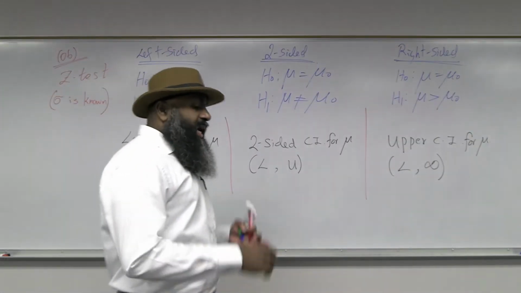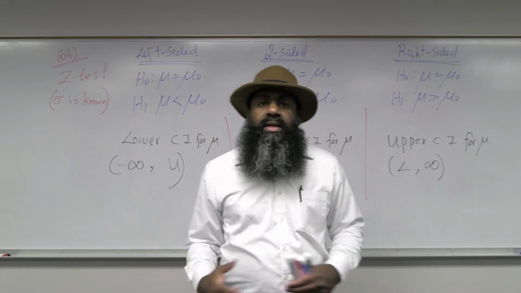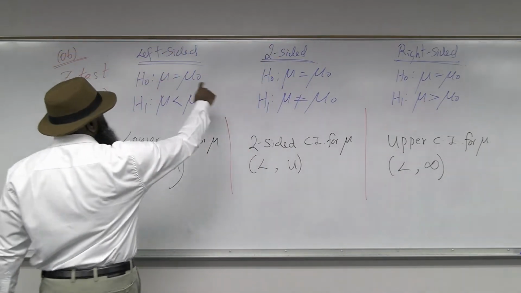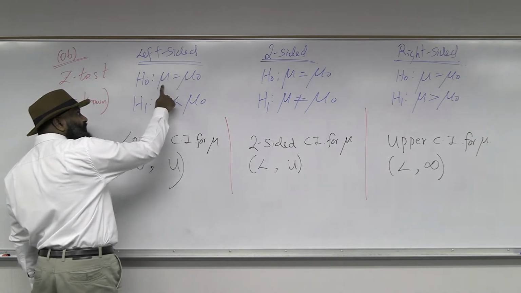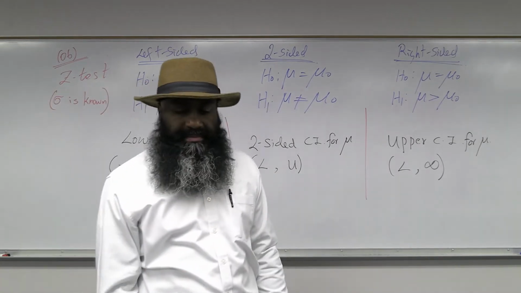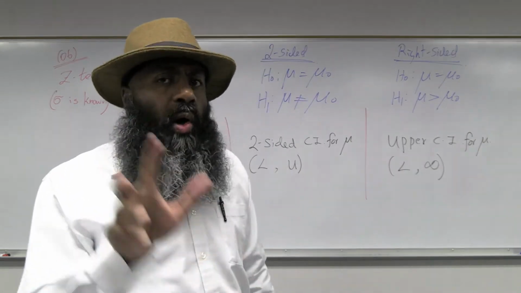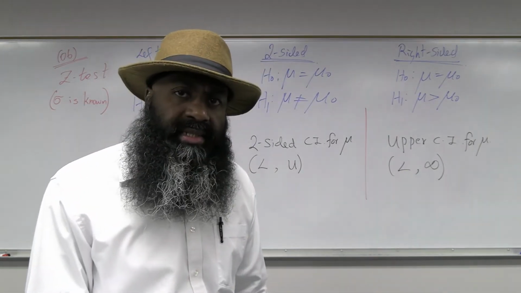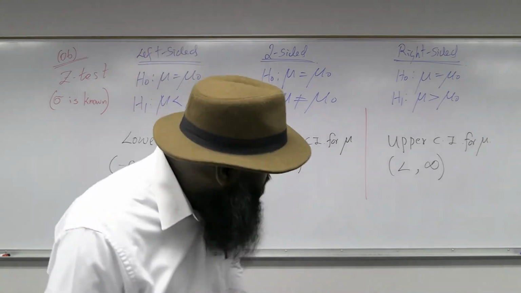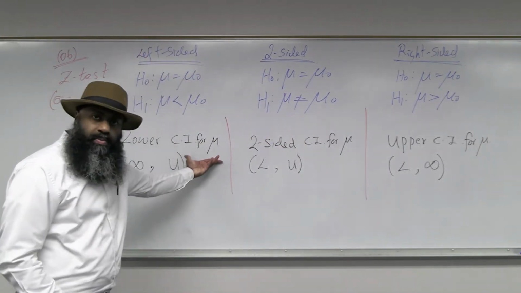Now, our assumption is written under the null hypothesis. The null hypothesis says the true mean mu is equal to mu 0. Mu 0 is a given value in the question. So how can I test if my assumption is true or false using the confidence interval? We know the confidence interval is constructed for mu.